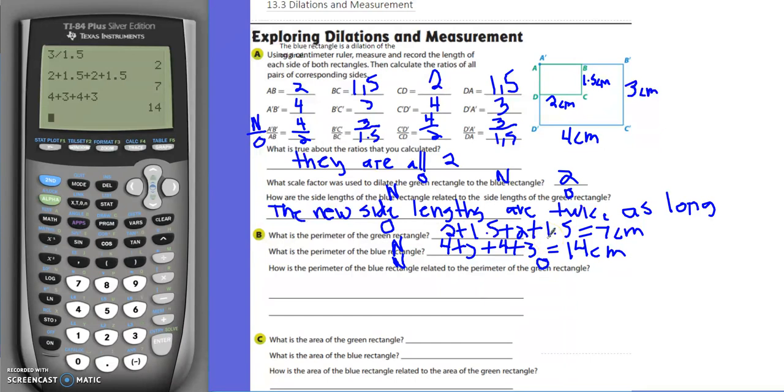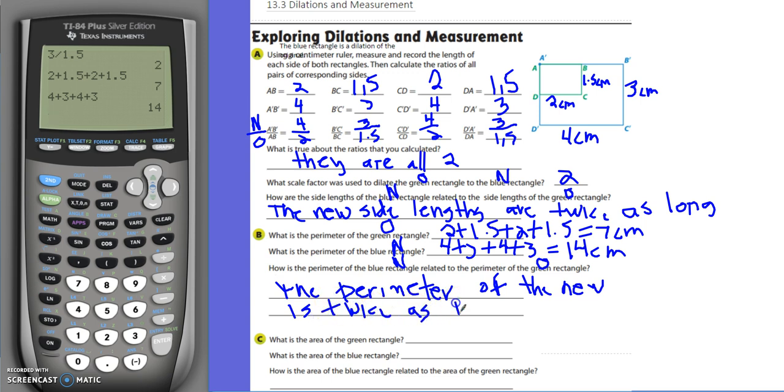So the perimeter of the new is twice as long as the original.